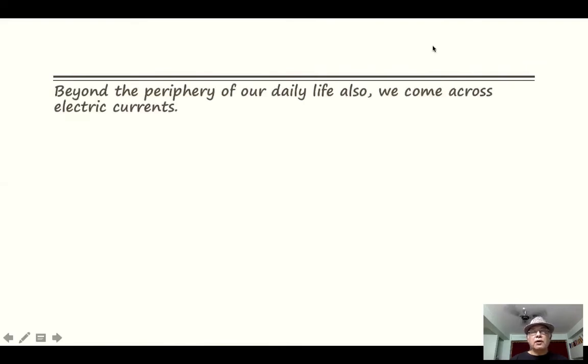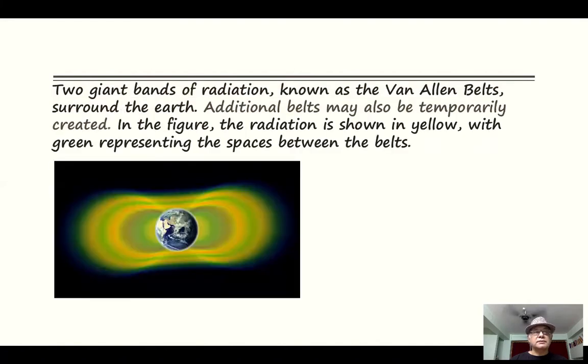Beyond the periphery of our daily life also, we come across electric currents. Two giant bands of radiation, known as the Van Allen belts, surround the Earth. Additional belts may also be temporarily created. In the figure, the radiation is shown in yellow, with the green representing the spaces between the belts.